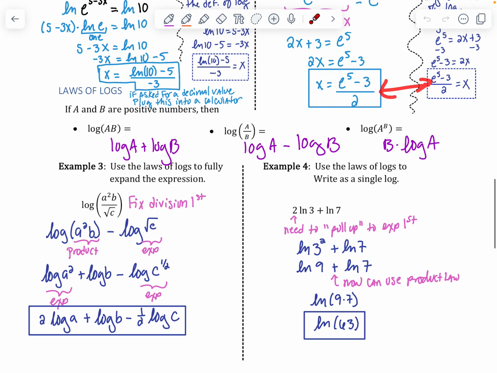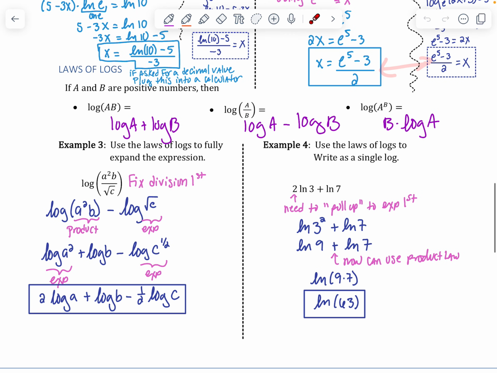So now let's go ahead and talk about those properties of logs that I should have probably already covered. Don't forget, if you ever have the log of a product, you can then write it as 2 separate logs that are added together of the terms of the product.